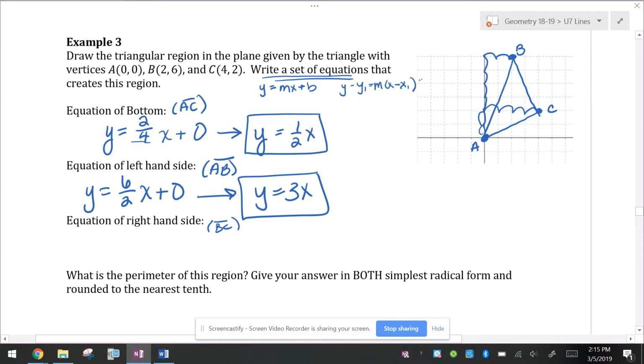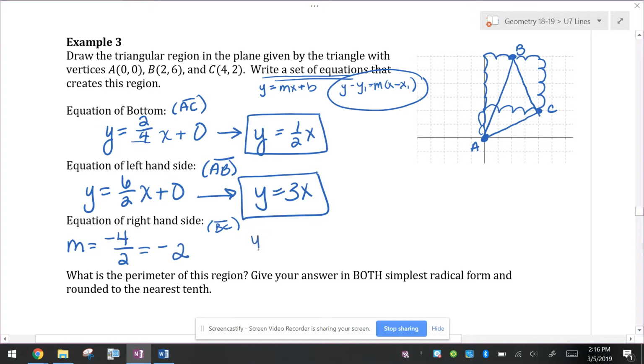So I'm probably going to go with y minus y1 equals m times x minus x1. So let's see. My slope here from B to C is I'm going right 2, down 1, 2, 3, 4. So if I did rise over run, my slope is negative 4 over 2, which is really just negative 2.